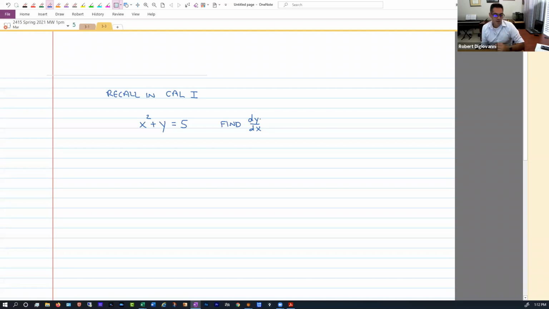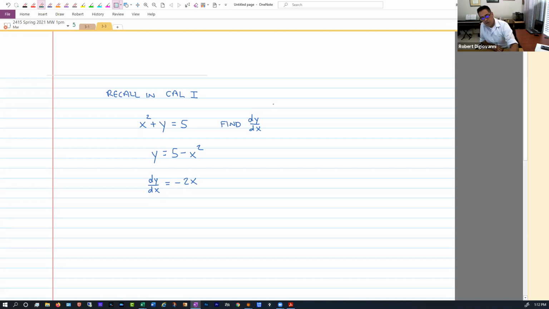Well, we could do this very simply by isolating the y, moving the x squared to the other side, and then differentiating both sides of the equation. On the left side, we take the derivative with respect to x, we get dy dx. On the right side, the derivative of 5 is 0, and the derivative of negative x squared is negative 2x. And we'd be done. Right? That's just basic differentiation from Cal 1.